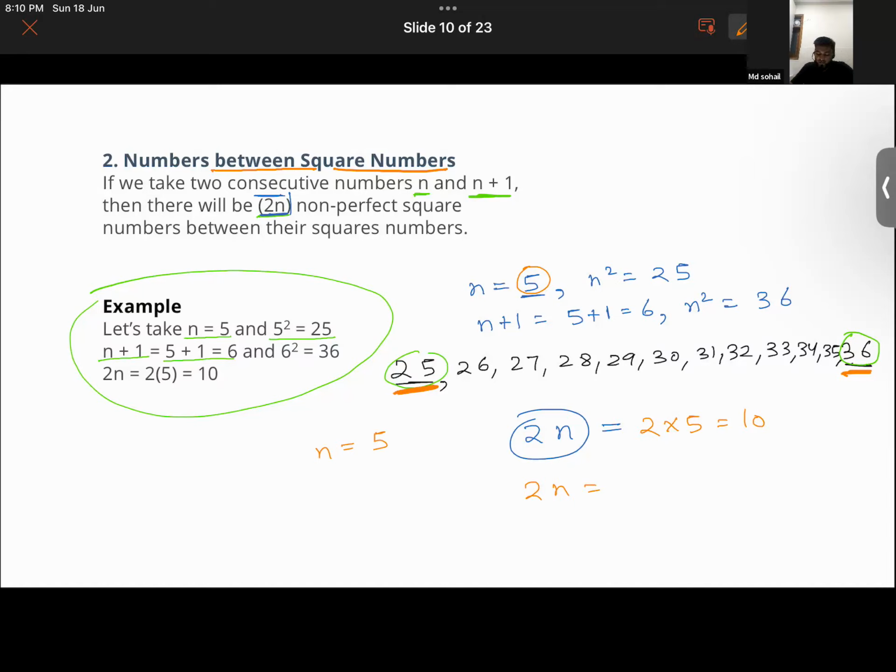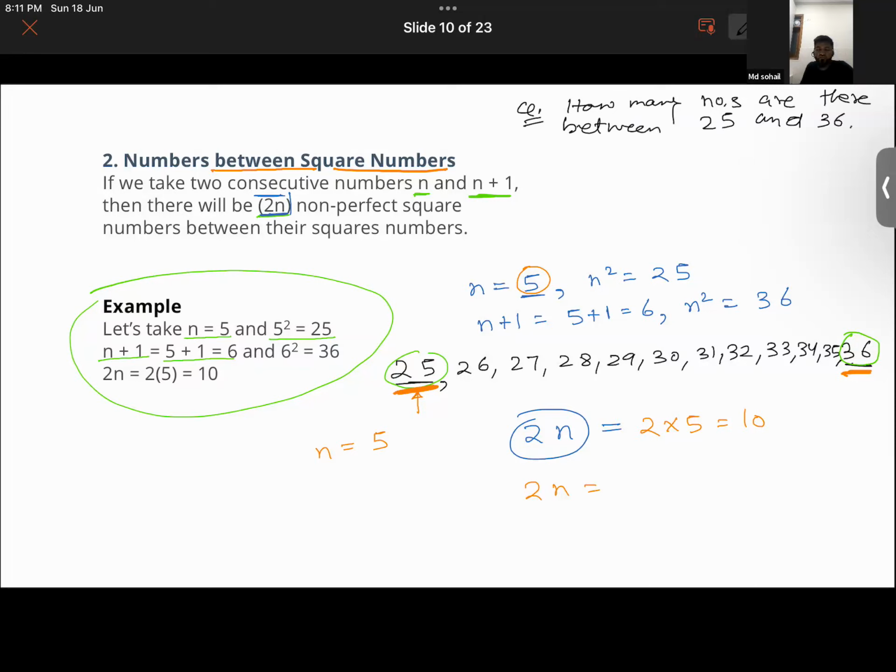Look, notice the first square number. Let the question be like this: how many numbers are there between 25 and 36?